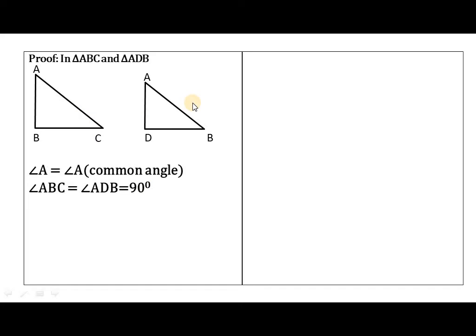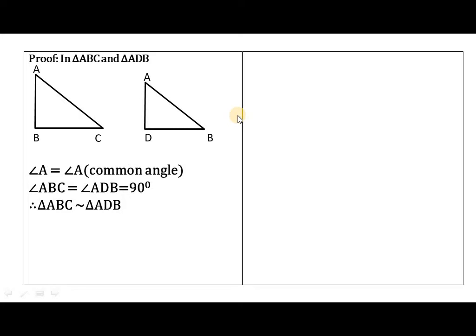In any two triangles, if two angles are equal, definitely the third angle becomes the same. Now the two triangles are said to be similar triangles. Therefore triangle ABC is similar to triangle ADB.